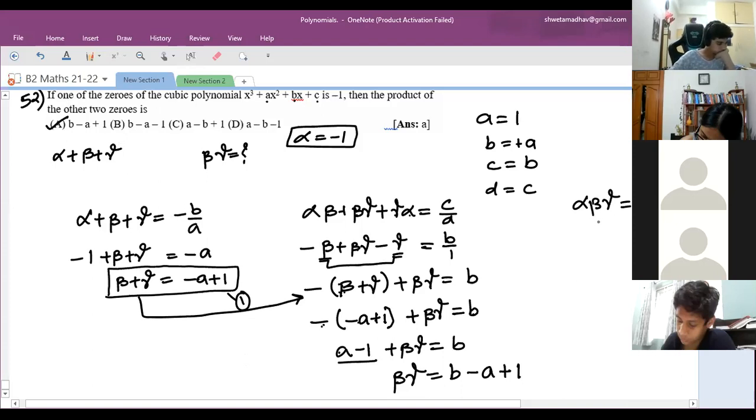If you take this one, then alpha is minus. So minus beta into gamma is equal to minus C. So beta into gamma is the value of C. But in this option, C is not there. Therefore, we have to use some other method to solve.